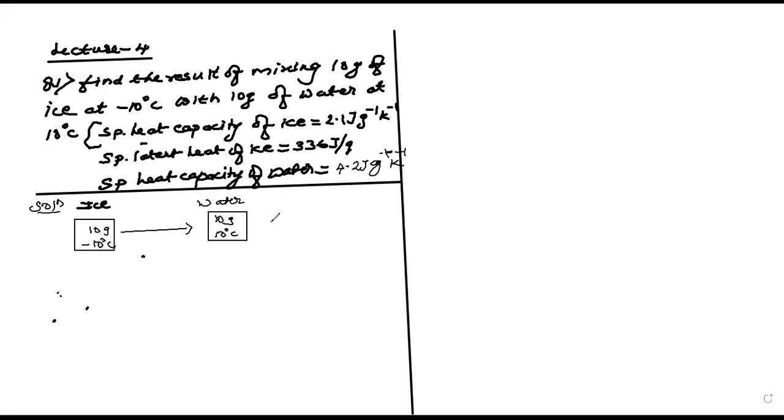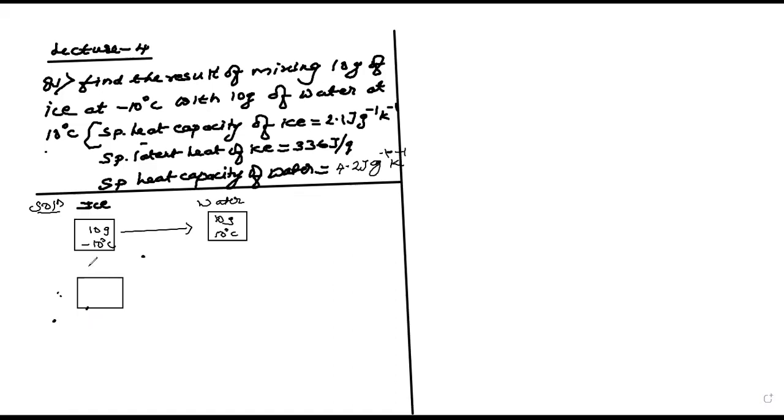It may become 0. So what I'll do, suppose this is water at 10 degrees Celsius. I'm just trying to show you this water separately, children, just try to understand this.